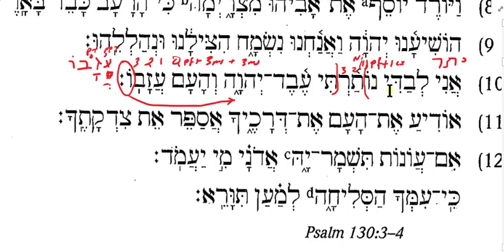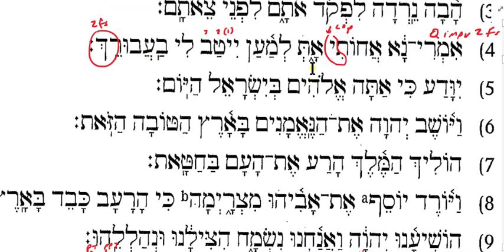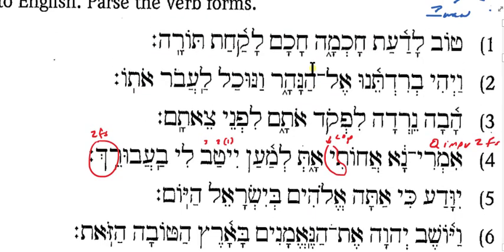I wouldn't say I alone am the servant of the Lord, but I alone am left or remain, and then the servant of the Lord comes after that. Okay? Good. Other questions?